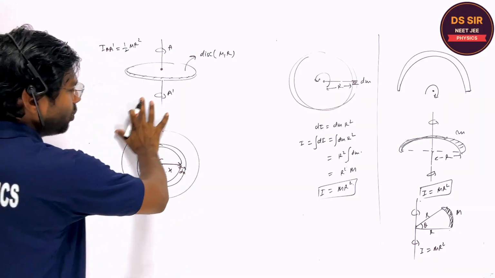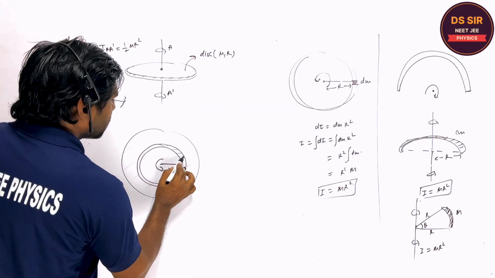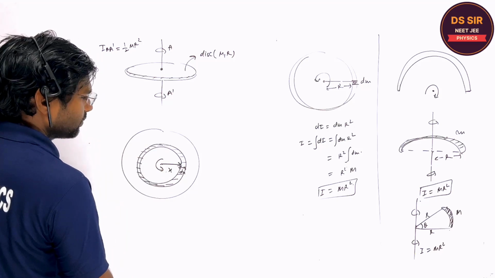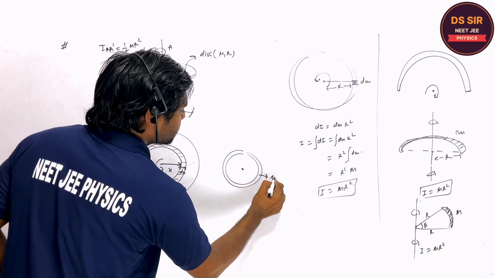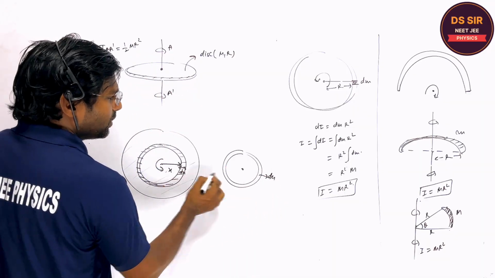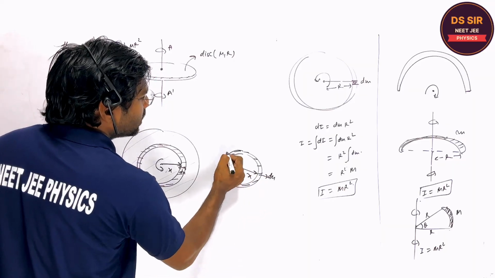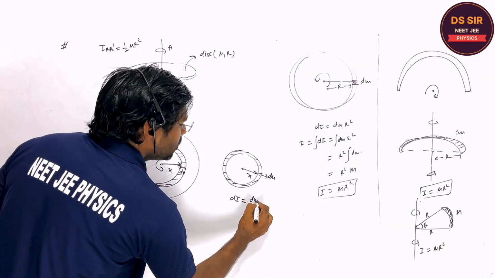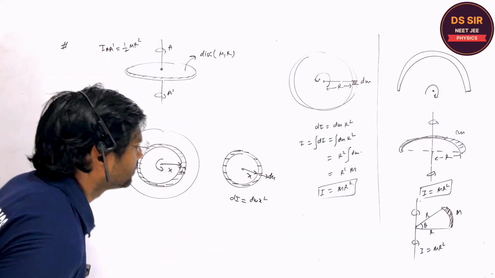I cannot write the moment of inertia for the complete disk directly, but I may write it for this elemental ring of mass dm and radius x. So for this elemental ring, I can write the moment of inertia as dm into x square. Is it clear or not?